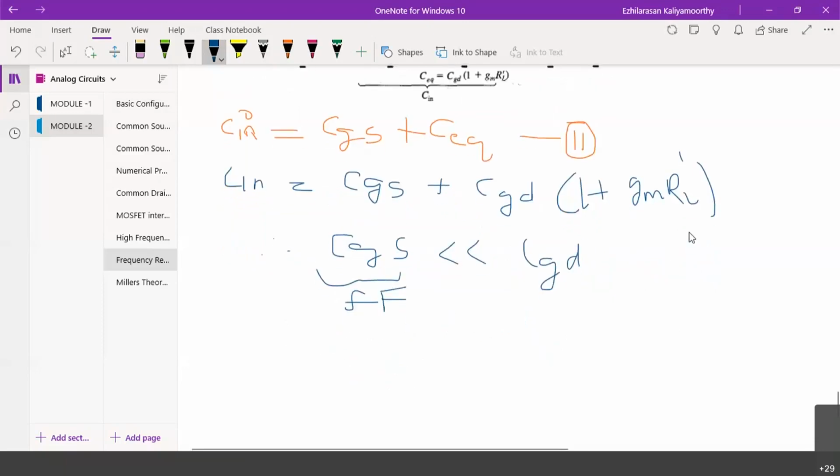What is a femtofarad? It is 10 to the power minus 18.